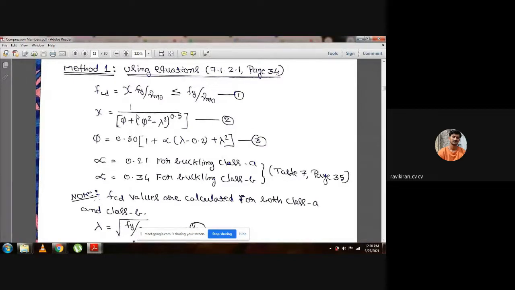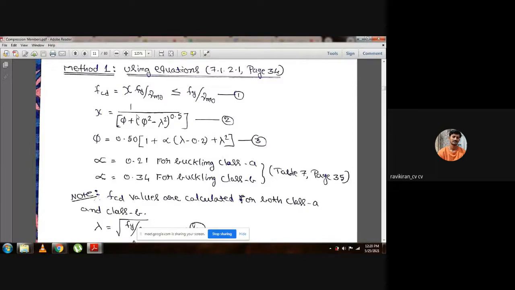Again, in this, phi and lambda are the unknown things. How to calculate phi? Using equation 3. In this equation 3 also, lambda is an unknown thing, and also alpha is an unknown thing. How to calculate alpha? Alpha is nothing but buckling class, which is provided in table number 7 of page 35.